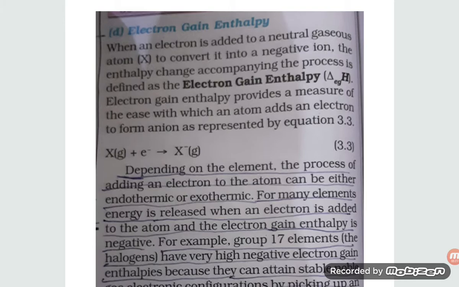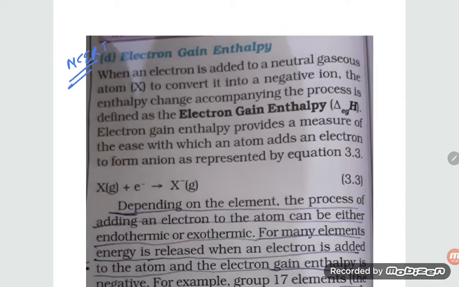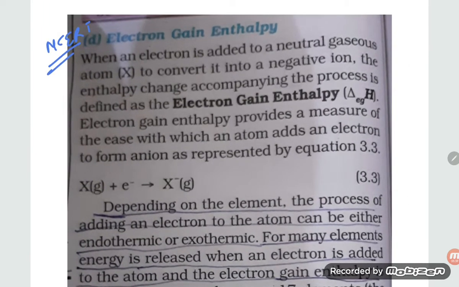Hello students, the same electron gain enthalpy, let us read from the NCERT book. For better understanding, we are considering two books. When an electron is added to a neutral gaseous atom X to convert it into a negative ion, the enthalpy change accompanying the process is defined as the electron gain enthalpy.